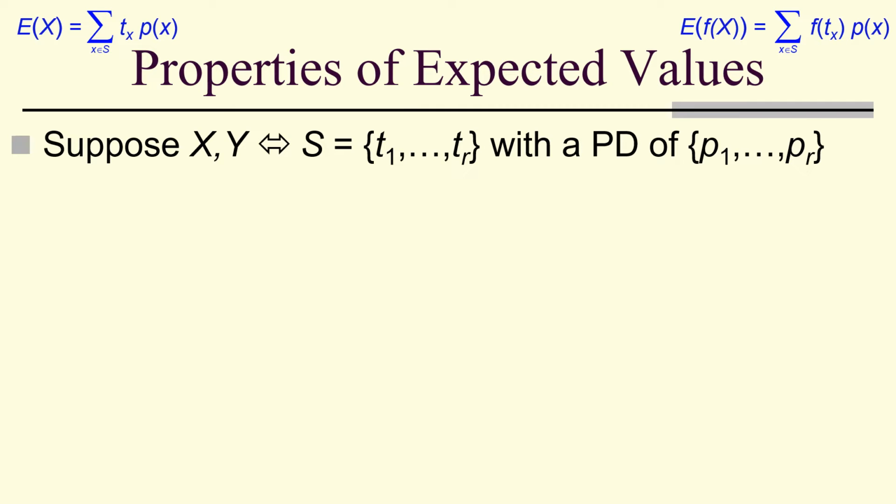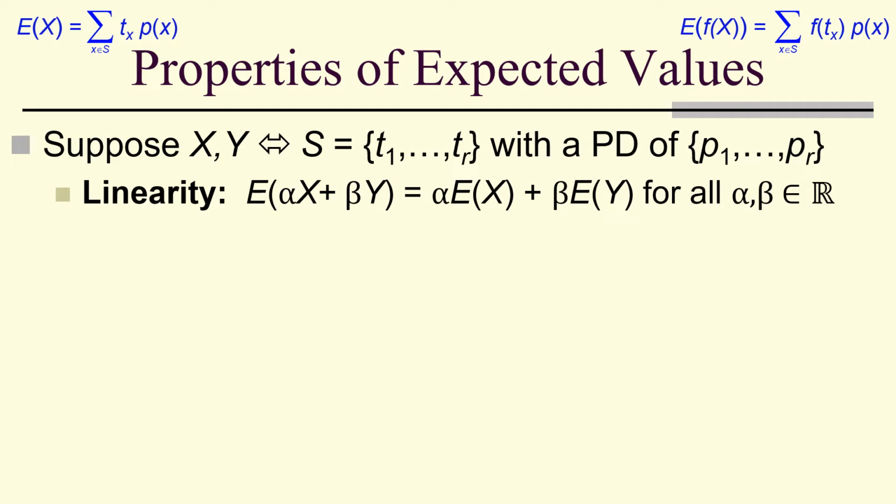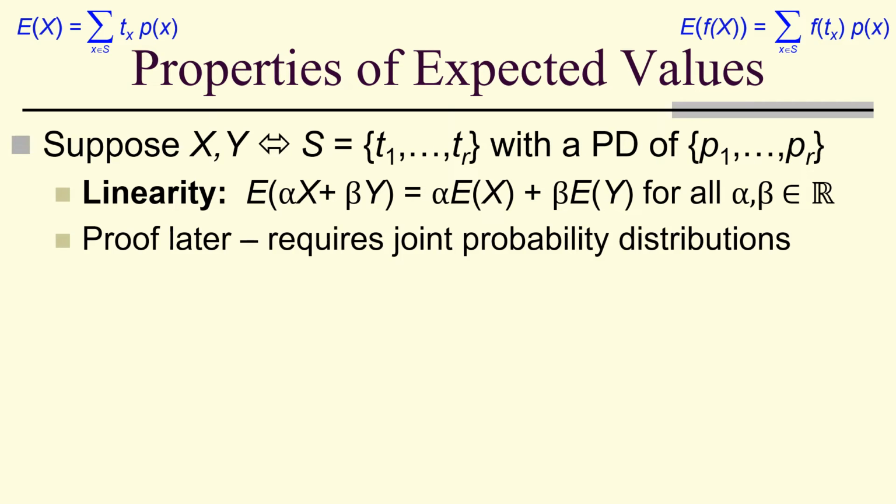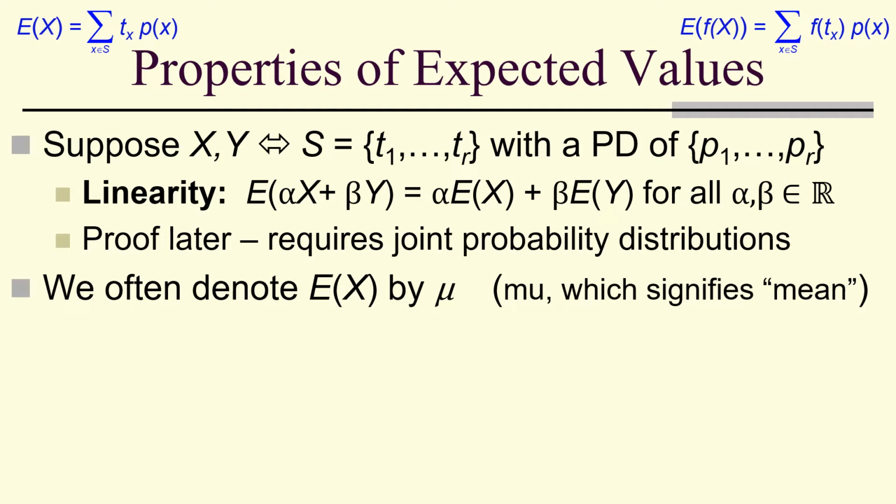Well, if we've got x and y associated with S, with a given probability distribution, then expected value is linear. So the expected value of alpha x plus beta y is alpha times the expected value of x plus beta times the expected value of y for all alpha and beta in R. We'll prove this later.